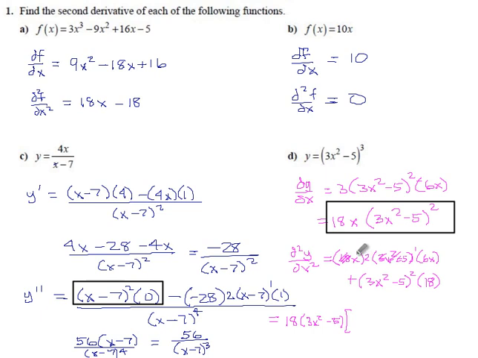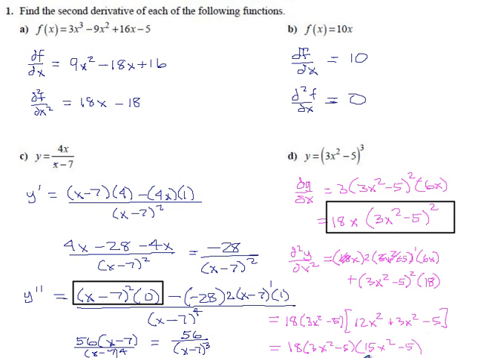What's left is x times 2 times 6x, which is 12x squared. This term has lost the 18 and a 3x squared minus 5, but it still has another 3x squared minus 5. And so if we finish cleaning this up, we get 18, 3x squared minus 5, and what's left here is 15x squared minus 5.